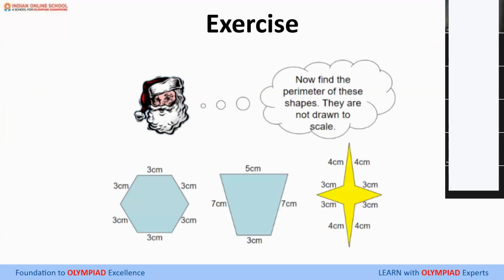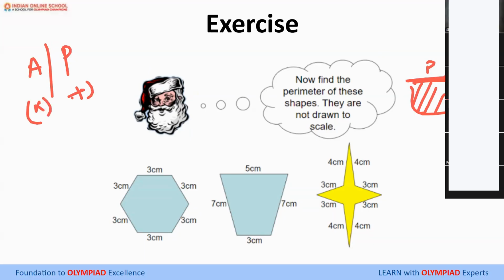It's not square units. The difference between area and perimeter is that area is the inner part, whereas perimeter is the outer part. Area is calculated by multiplying, whereas perimeter is calculated by adding. Also, area is in square units, whereas this is just units.